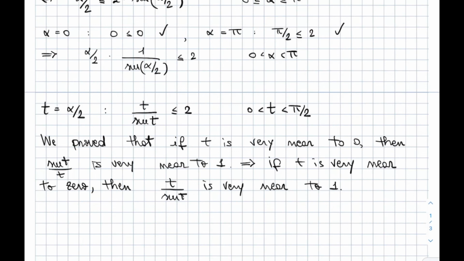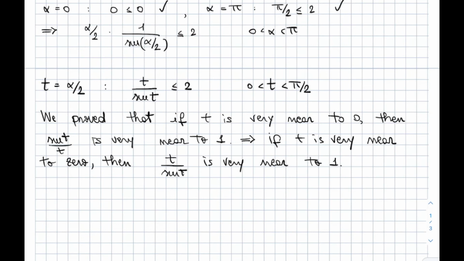Therefore, the quantity on the left is always a finite number for every t between 0 and pi divided by 2. In particular, we can prove that it is always bounded by 2. And this holds even if you input the boundary conditions, which are 0 and pi divided by 2, because we made the explicit computations above.